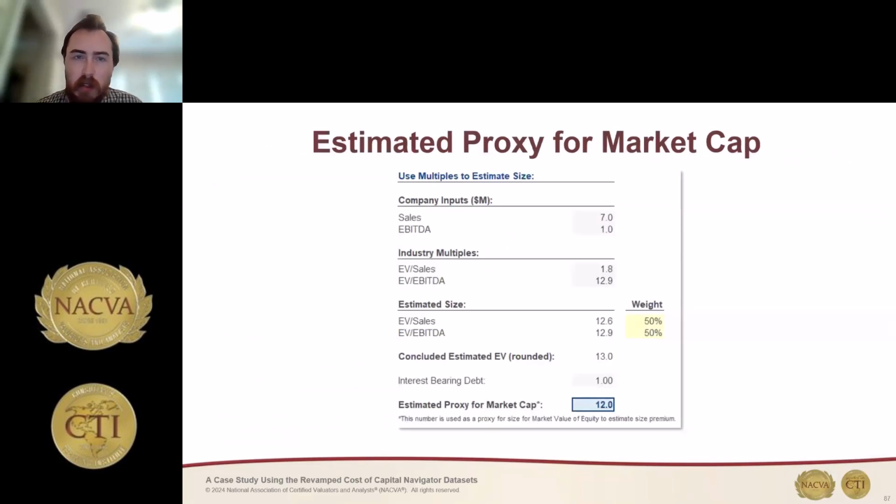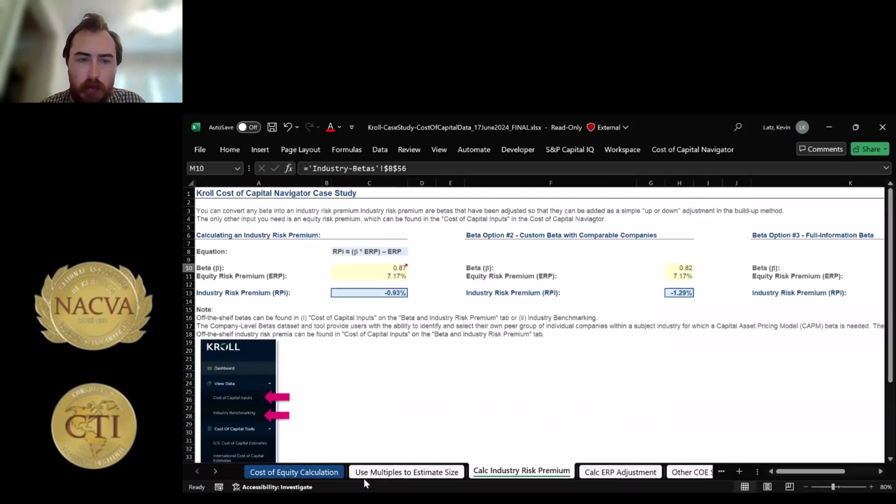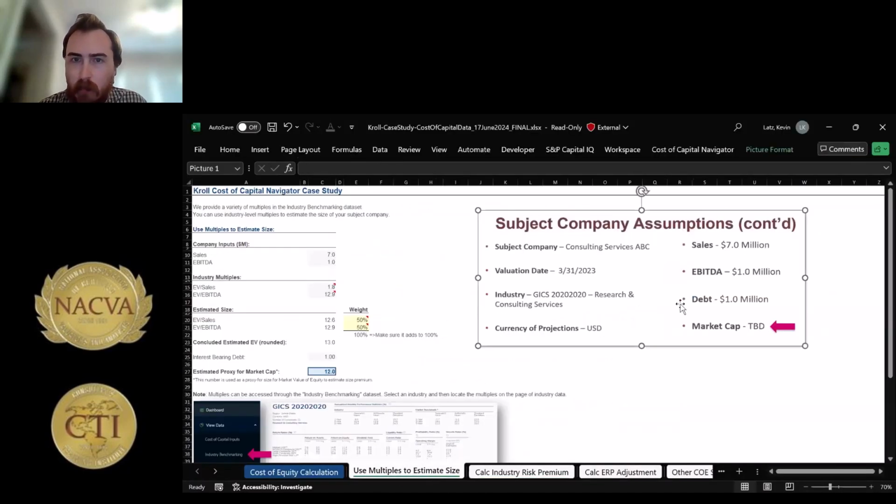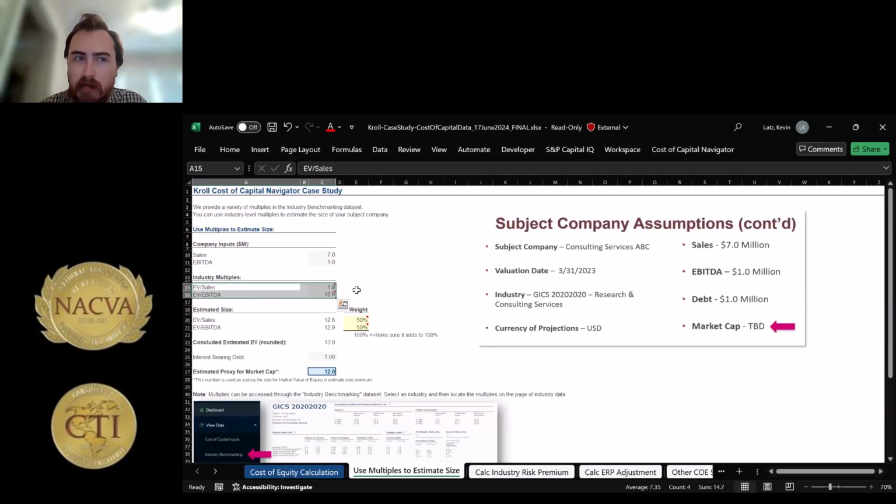And this is what it's going to look like here for those who don't have the Excel open. But if I move to Excel here, I'll go to the tab, use multiples to estimate size. And we can see again our assumptions, based on the multiples we'll be using, EV to sales and EV to EBITDA. We hooked these up to our assumptions.